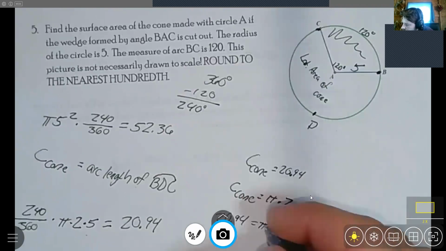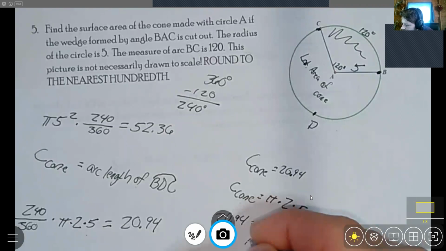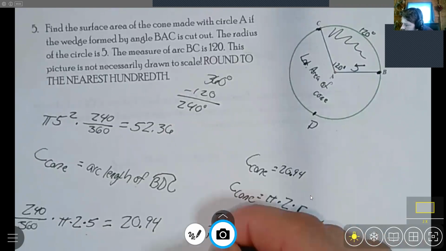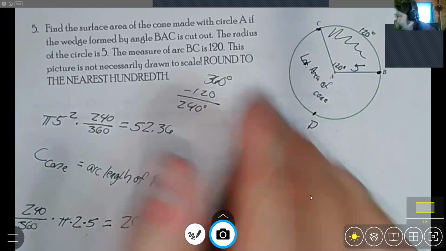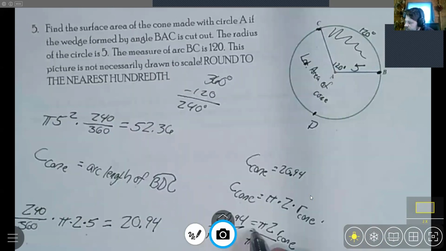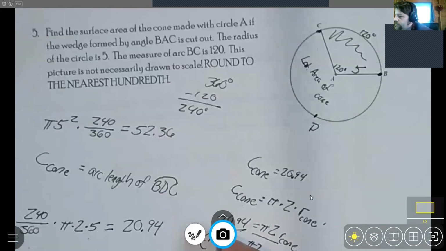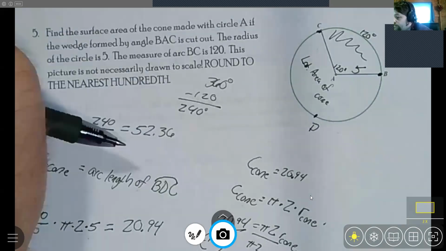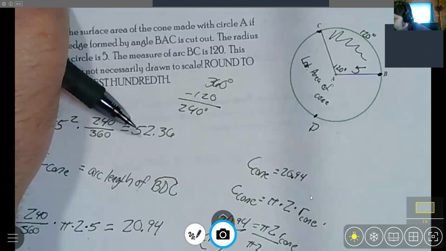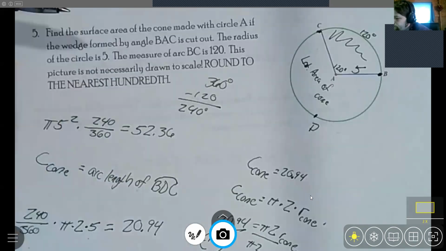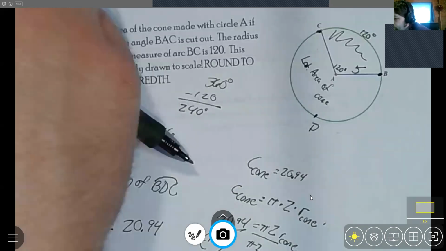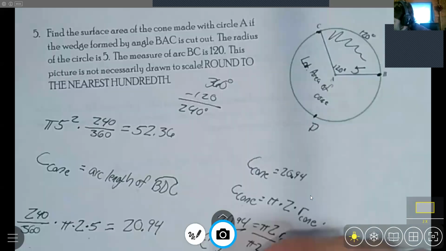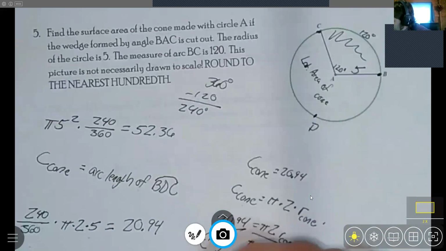To do that, I just divide both sides by 2 pi. Make sure if you do it this way that you put this in parentheses in your calculator, otherwise order of operations will mess up your answer. All right, so when I divide by 2 pi, I get 3 1/3. So the radius of the cone is 3 1/3.